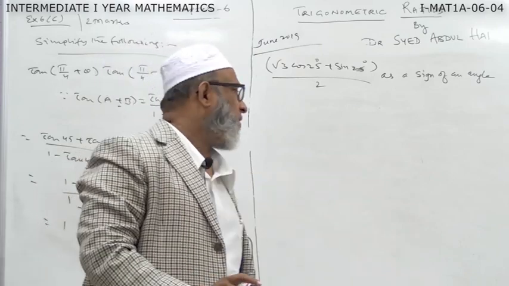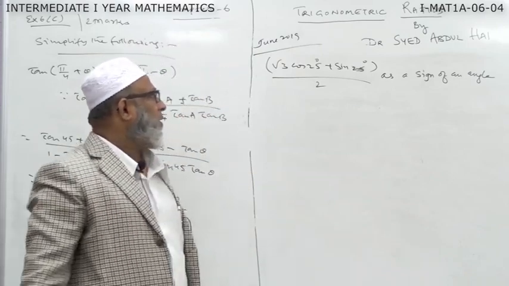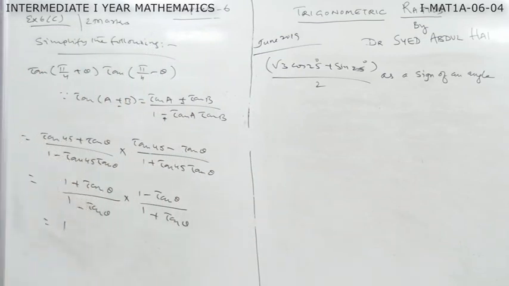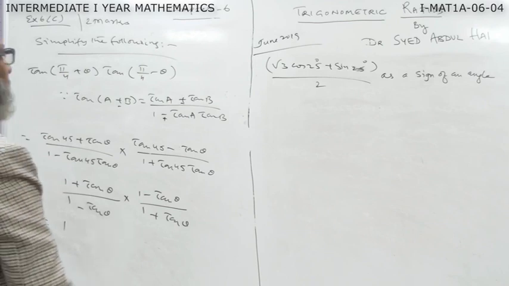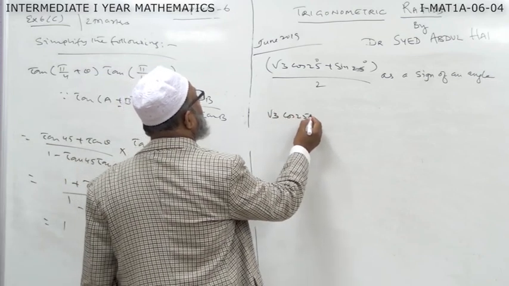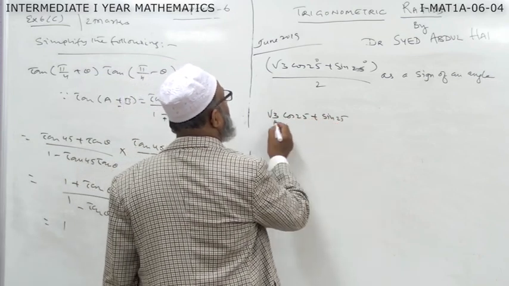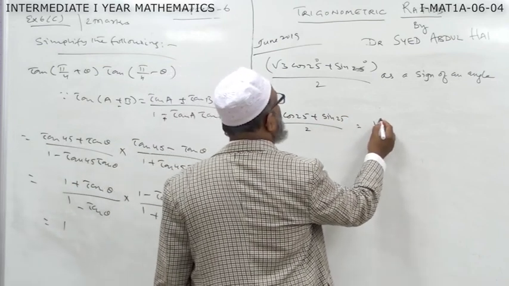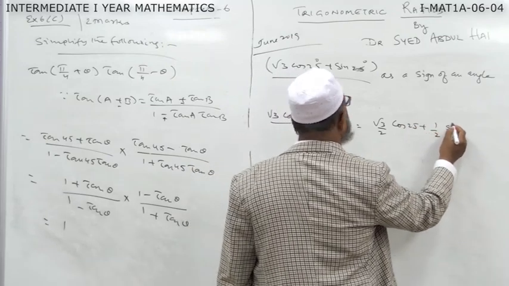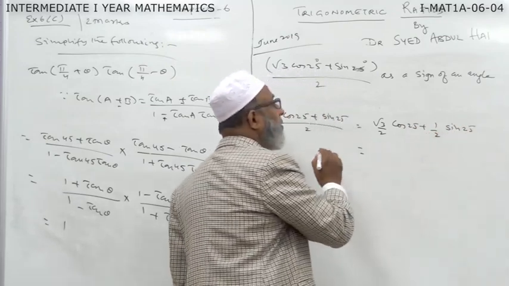Root 3 cos 25. Now, what is asked? Convert or express this in terms of an angle. Okay. Now, what I am doing, this can be written as root 3 cos 25 plus sin 25 by 2 is equal to root 3 by 2 cos 25 plus 1 by 2 sin 25.